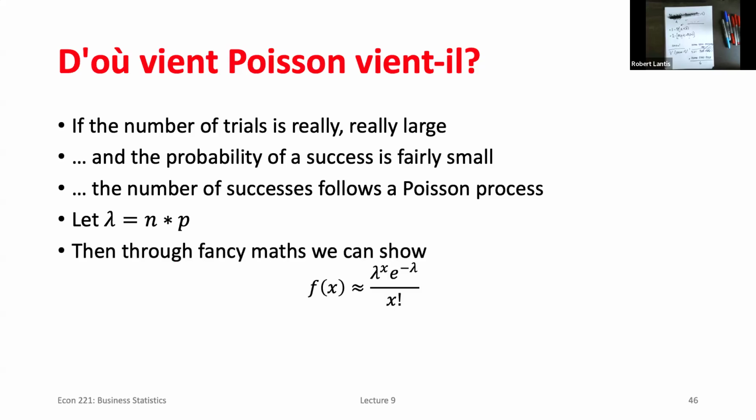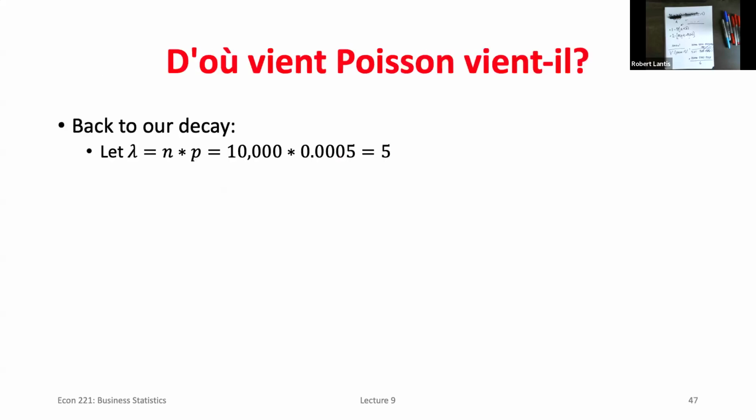I'm not going to go through the mathematical proof, but we can show that it's a really close approximation, off at I don't even know what decimal, but pretty far out. So if we go to our example, there were 10,000 atoms, a really high number of trials. Probability of success is relatively low, 0.0005. My mean number of atoms decaying would be what?